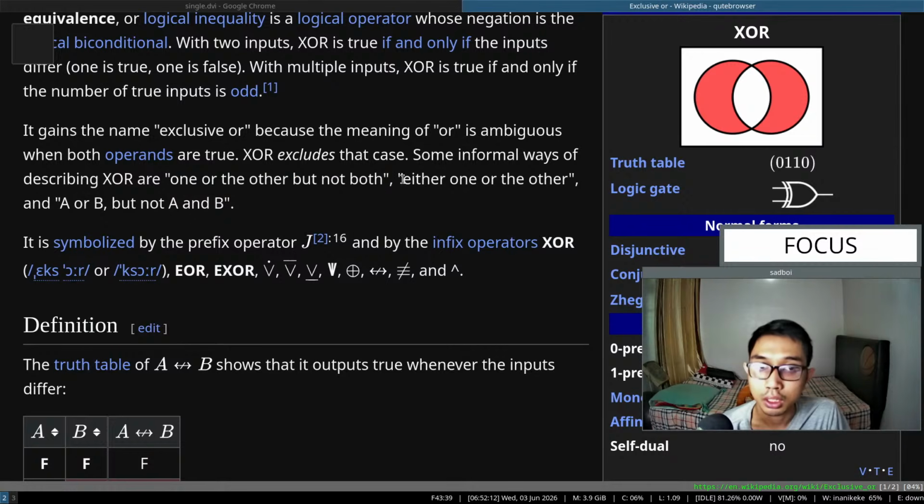Some informal ways of describing XOR are: one or the other but not both, either one or the other, and A or B but not A and B. Okay, one or the other but not both.